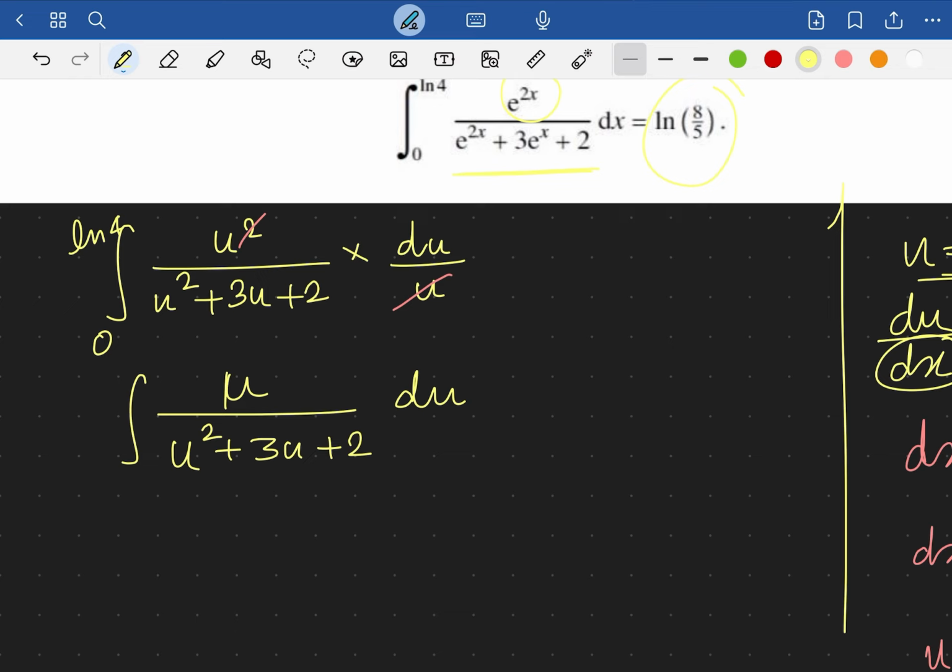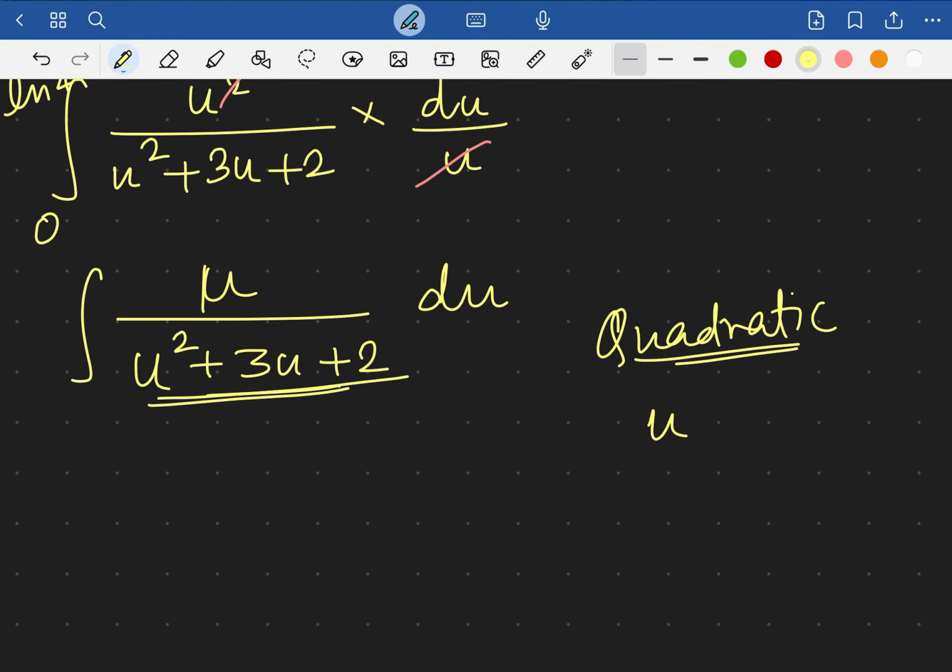Now over here we can see we cannot integrate this directly. Hence what will I do? The denominator is in the form of a quadratic, so I can simplify this. I can just put this equation in my calculator and I will get u is equal to minus 2 and minus 1.